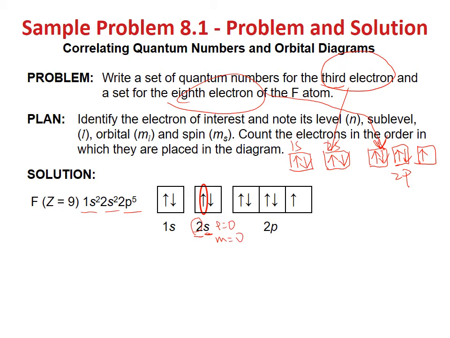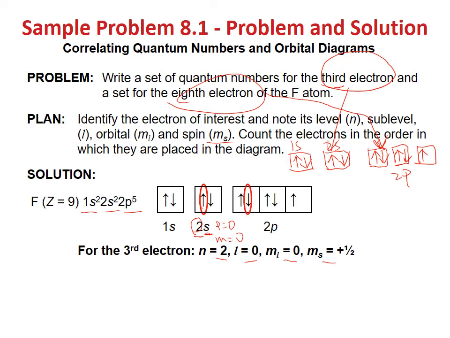So it's spherical. And spin up means the spin quantum number is positive half. So here are the four quantum numbers: n equals 2, l equals 0, m equals 0, and the spin quantum number is positive half.